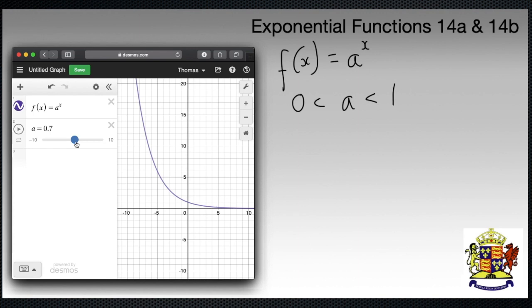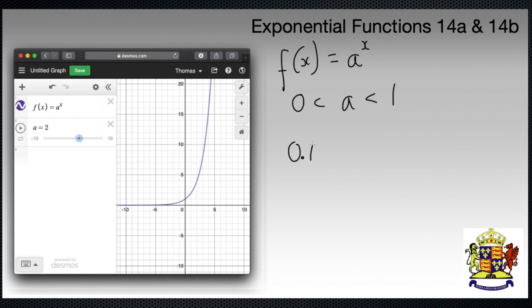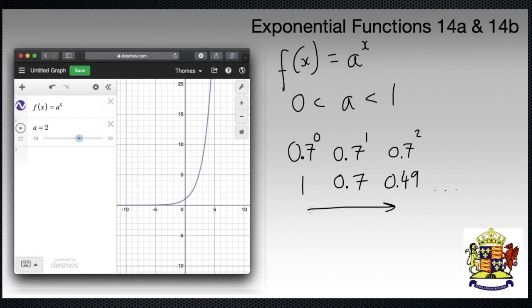And this should make a little bit of sense. And I'll use 0.7 as an example. So going back onto here, if we have 0.7 to the power of 0, that gives us 1. 0.7 to the power of 1 gives me 0.7. 0.7 to the power of 2 is 0.49, etc., etc., etc. So as you can see, our value is decreasing.